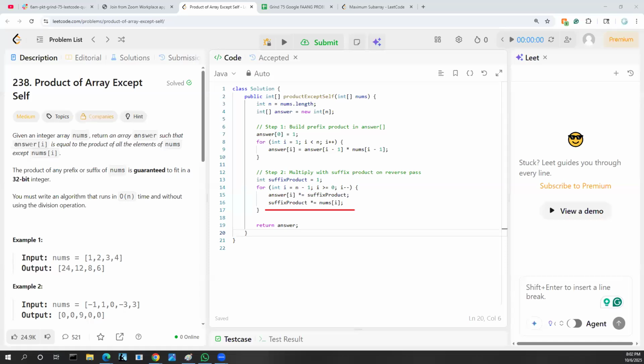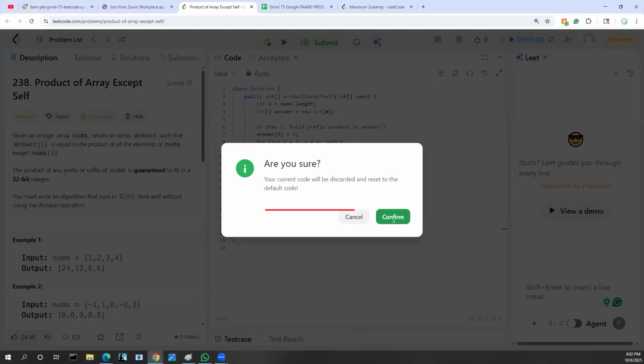Okay. First, let's review this question. What this question was. A quick recap. So let me reset the code. Confirm.